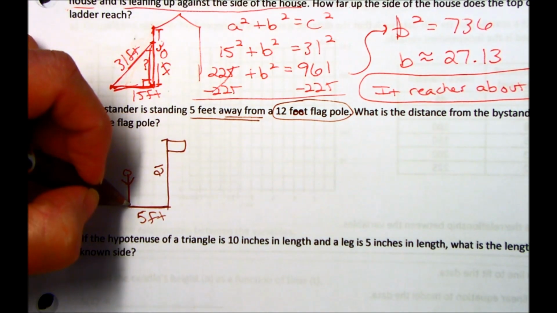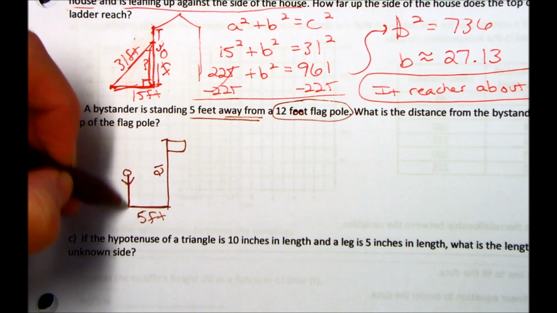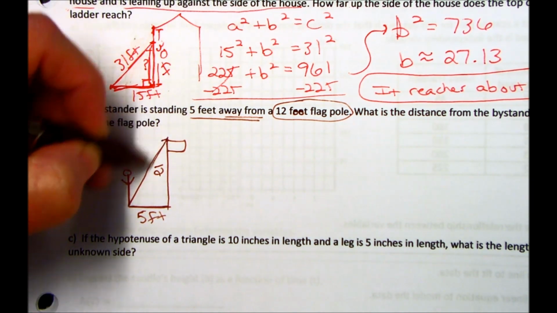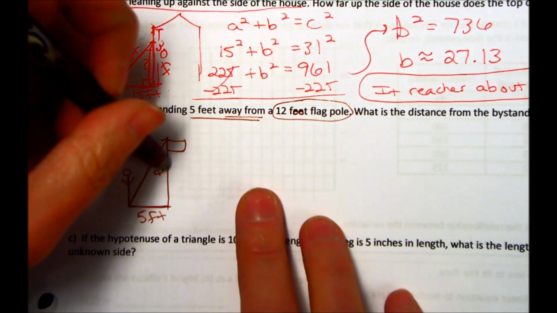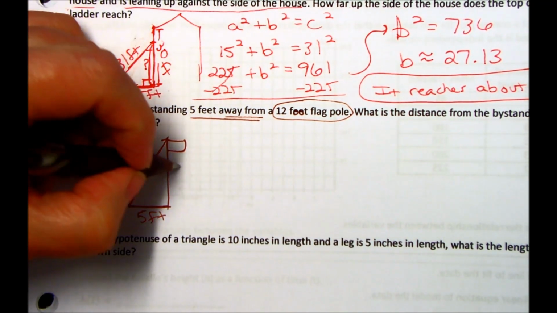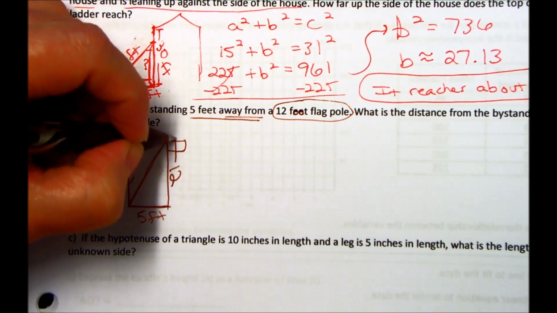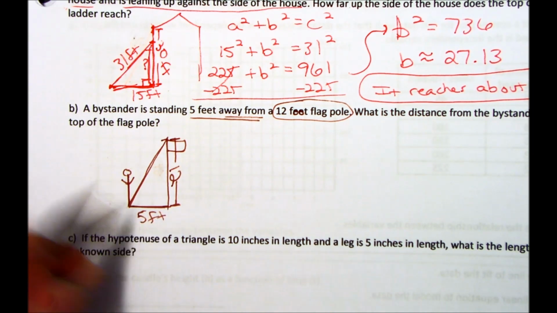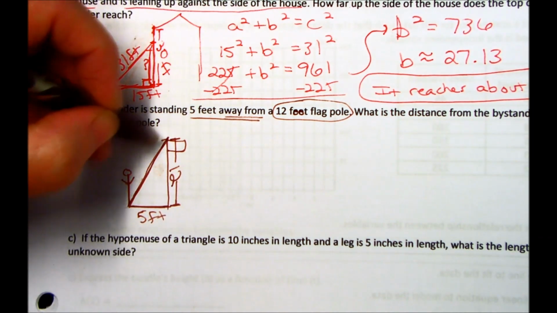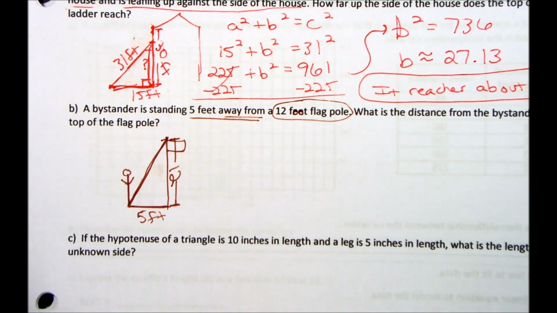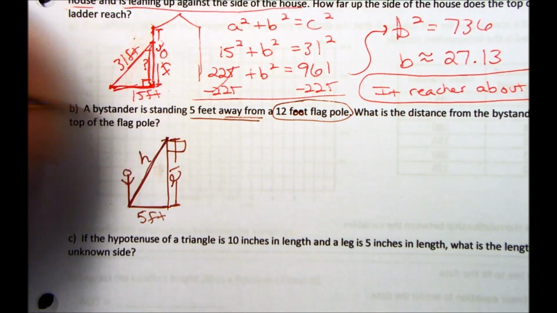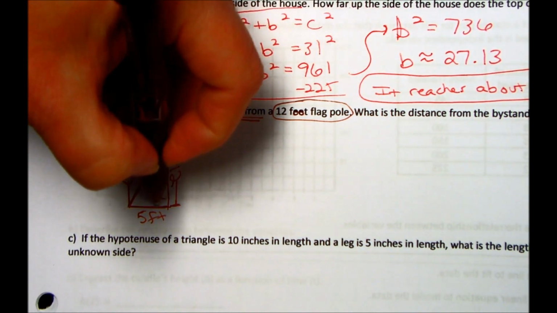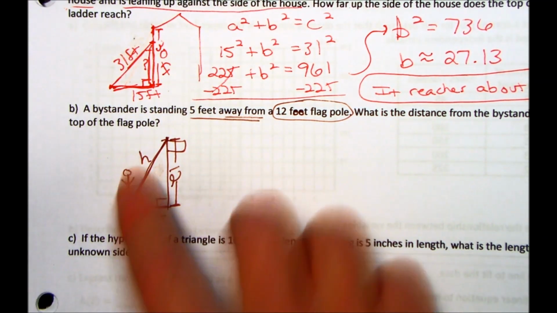Since they don't tell us the height of the person, I'm guessing that they want us to find this length here. So let me move my 12 to this side. The 12 feet is from the top to the bottom, so that's our flagpole. They're 5 feet away, and we're trying to figure out how far the person is from the top of the flagpole. So we are basically looking for our hypotenuse. Again, we're going to use the Pythagorean theorem because it's a right triangle, and you're given two sides and you have to find the third.